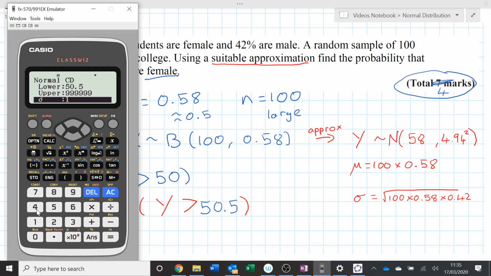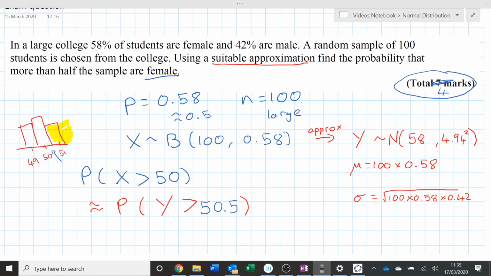It's 4.94. That'll do. And my mu value is 58. 0.9355, which is an approximation of this answer.